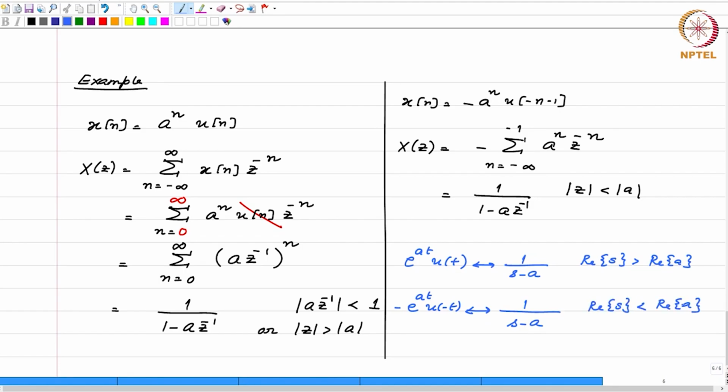So, now you see the parallel between Laplace and Z. There you had two functions which had identical algebraic expression for the Laplace transform. They differed only in the region of convergence. The counterpart in the discrete time case is a to the n u of n and minus a to the n u of minus n minus 1.